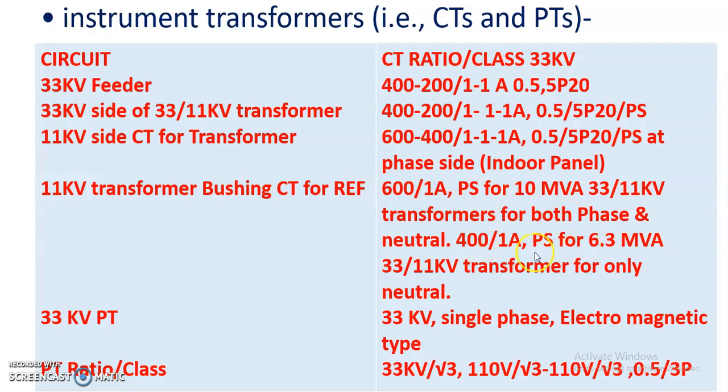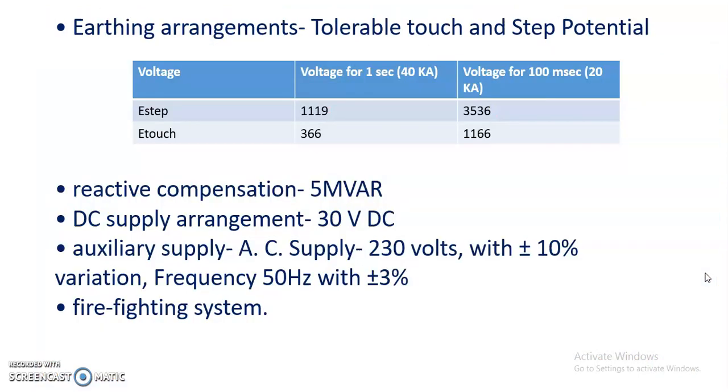And for neutral only, we can use 400 by 1 for 6.3 MVA. Then PT: the 33 kV PT is single phase electromagnetic type. Then the PT ratio can be 33 kV by root 3 to 110 volt by root 3, or 110 volt by root 3 for 3 phase.